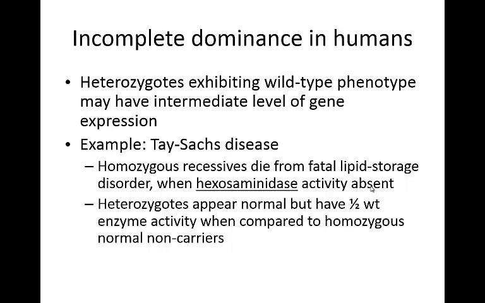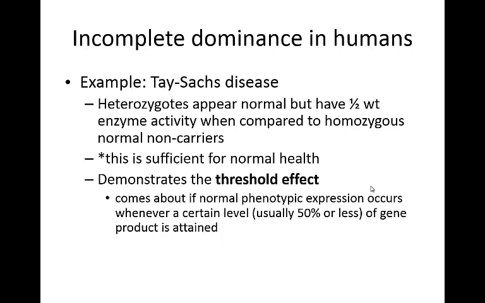Heterozygotes are going to appear normal, but they actually have half the amount of the wild type enzyme activity when you compare them to the homozygous normal non-carriers for this trait. Luckily, that 50% activity is sufficient for normal health, and these individuals who are carriers are phenotypically normal.